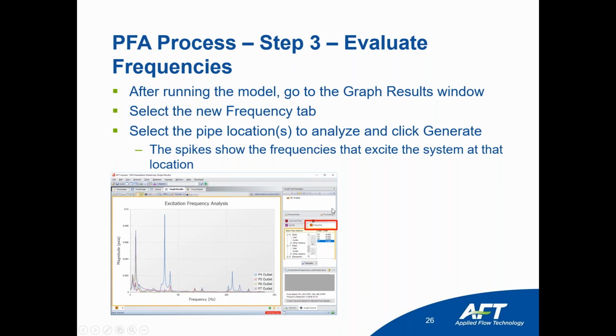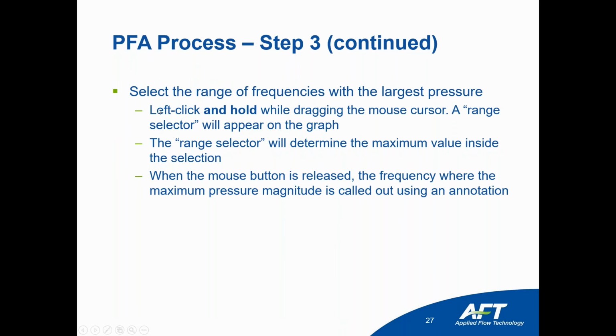The spikes show the frequencies that excite the system in that location. Once we run the system, we go to the frequency tab and select the pipes we want to see the frequency of. Here we selected pipe 4, pipe 5, and pipe 6.